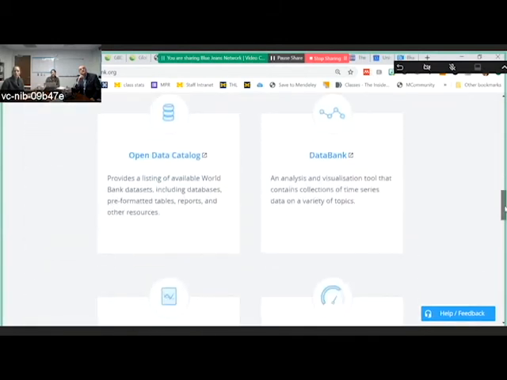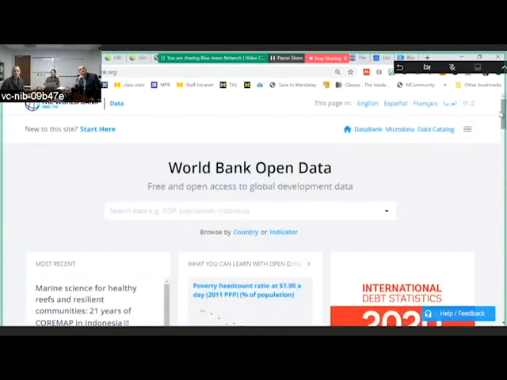You can see different resources. There's a data catalog, an extensive data catalog. Microdata, that is in-country level data. So microdata would be household surveys for Ethiopia, or governmental surveys that might be done in Rwanda, etc.